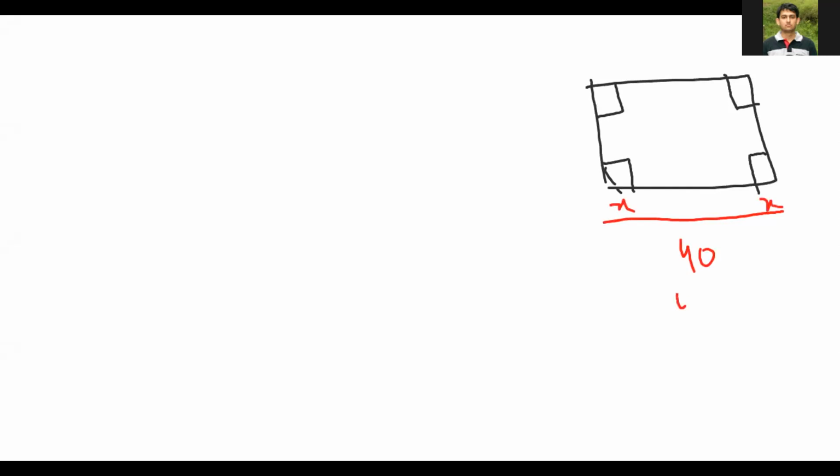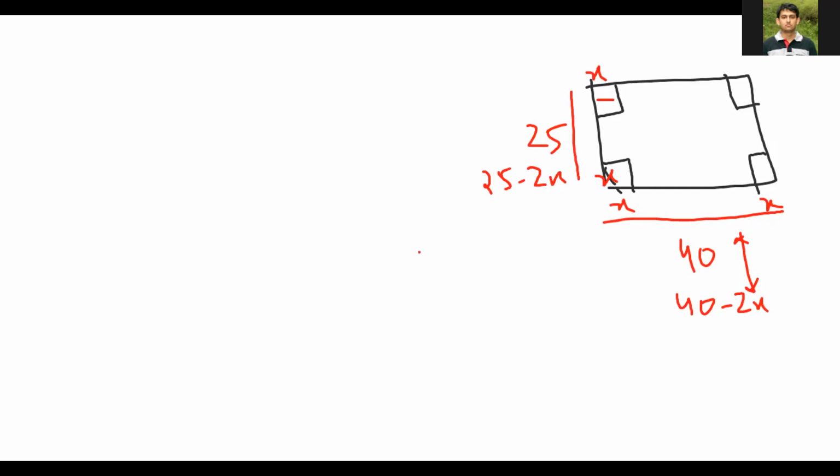So this is going to be 40 minus 2x if I talk about the updated version of this length, because the original length was 40 and now we are subtracting the x length on both ends. Similarly, if I talk about this length, this complete length was 25. Now this length is x and this length is x as well. So the updated version would be 25 minus 2x, right? So this is what the scenario is going to be.